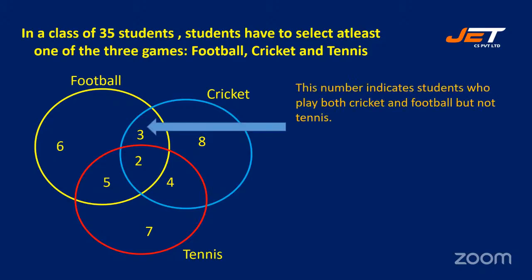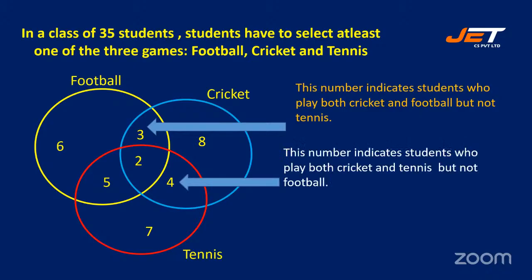Next, the 3 indicates students who play both cricket and football, but not tennis. So this number indicates students who play both football and cricket, but not tennis.